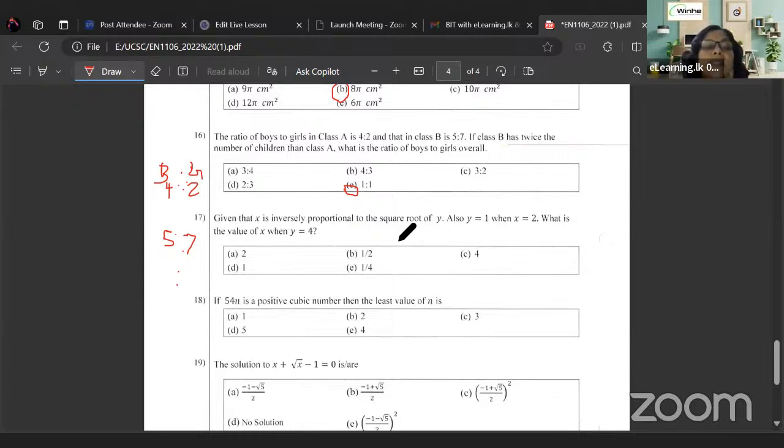Then question number 17. Given that x is inversely proportional to square root of y. Also y equals 1. Right, try to do it by yourself.